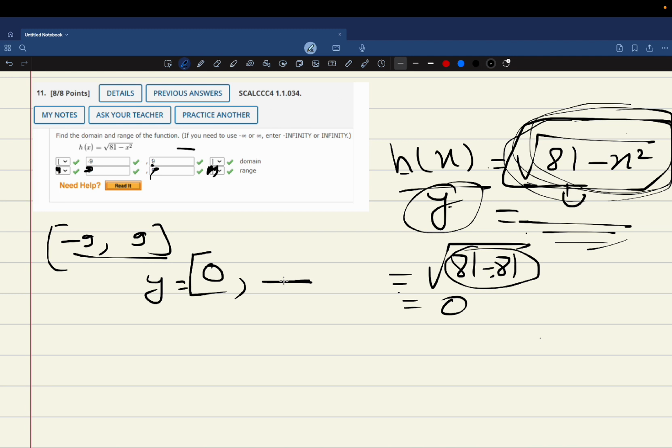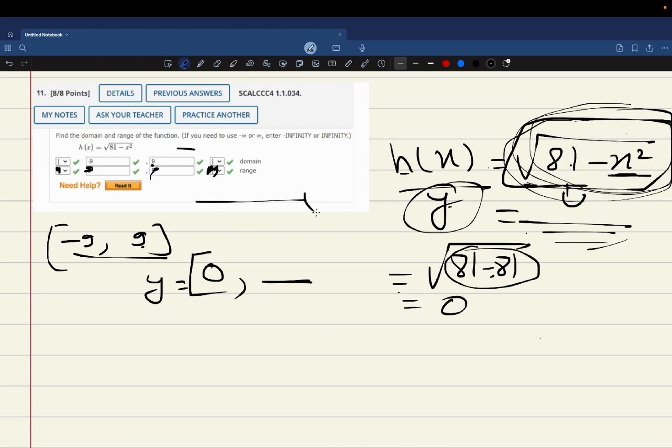So now we need to find out what the other possible values are. Let's put 10. We cannot put 10 because it is not in the domain, so we cannot put 10 as the value of x. Again, if you put 10, it will be 81 minus 100, which will result in a negative number, which cannot be under a square root. So we need to put a value less than 9 and greater than negative 9.